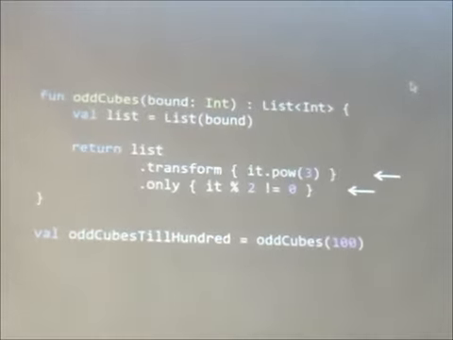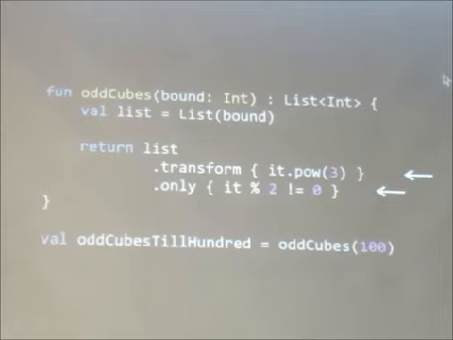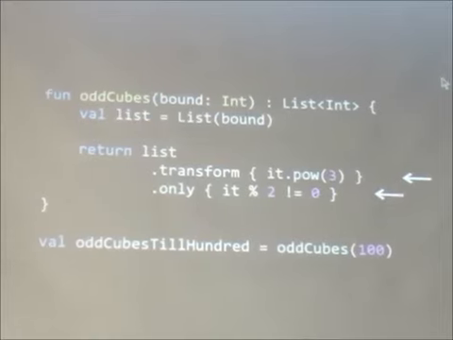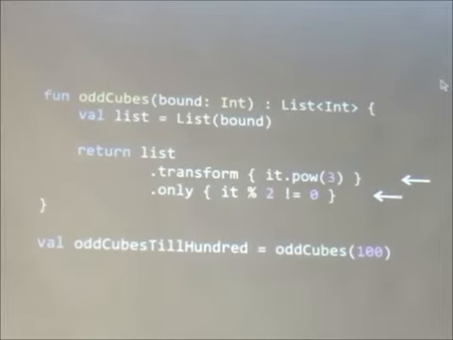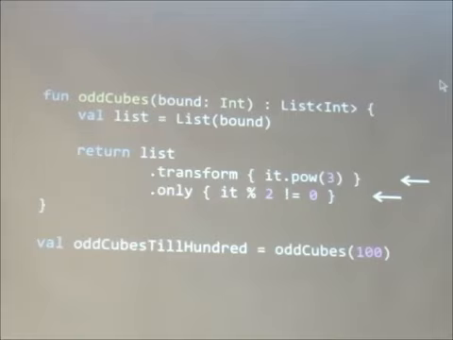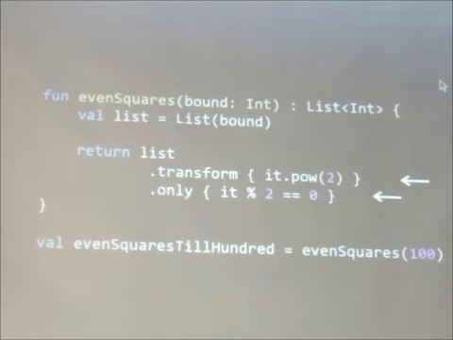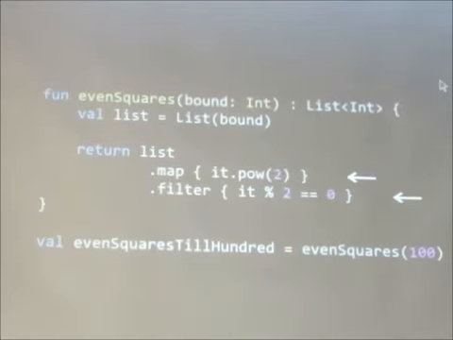We go over each element in the list and transform it by cubing it. And then we only want to keep the odd elements. That's basically what we want to do. We want to first transform every element, and then we want to decide whether we want to keep an element or not. And these actually are functions in Kotlin, and they're called map and filter.